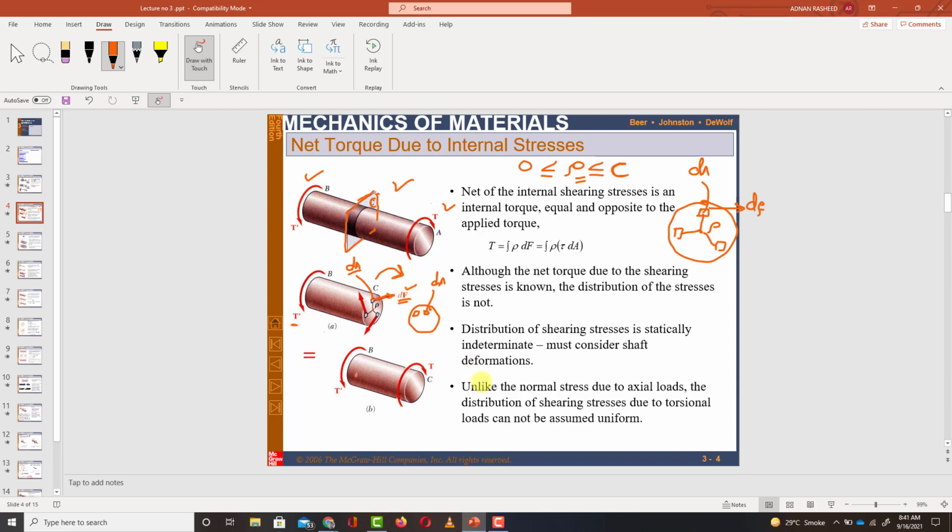Now you can see that torque is the product of force and distance. This is the shear force dF acting at this point, and from the center the distance is rho. So this differential force dF multiplied by rho creates a torque.